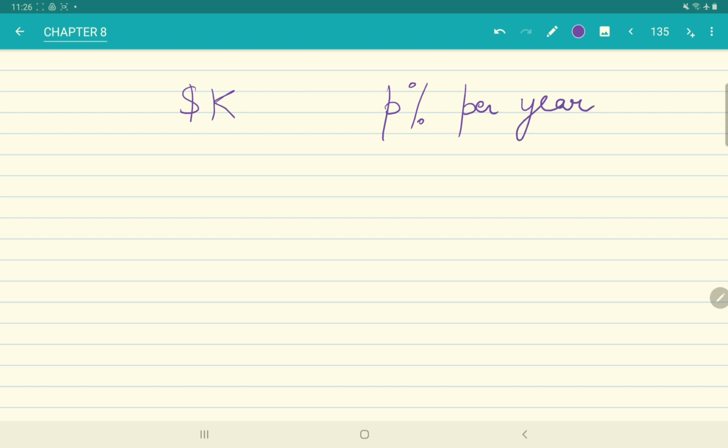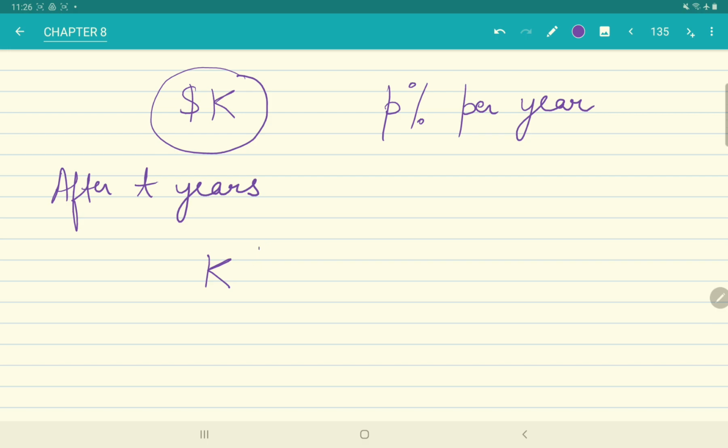After t years, what will this deposit get to? After t years, the deposit of k dollars will actually increase to k multiplied by 1 plus r raised to the power t, wherein r is equal to p by 100.